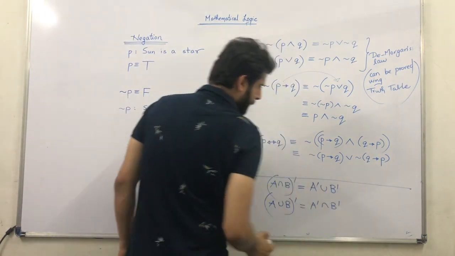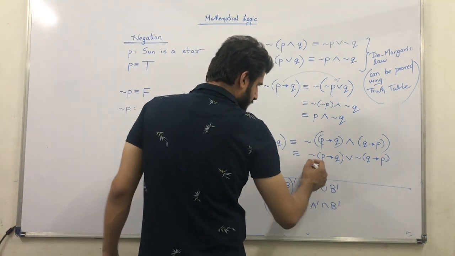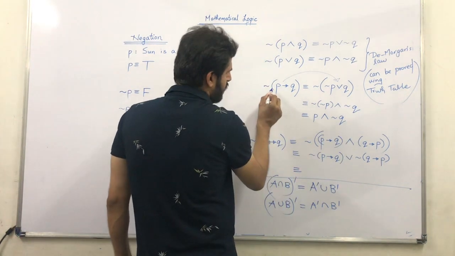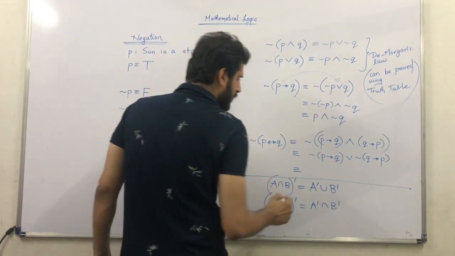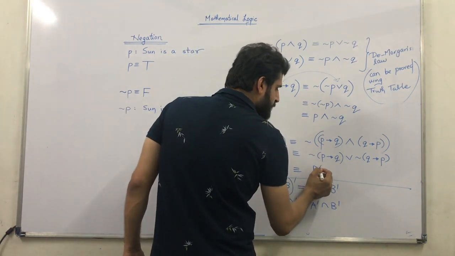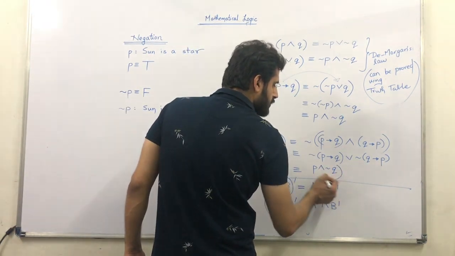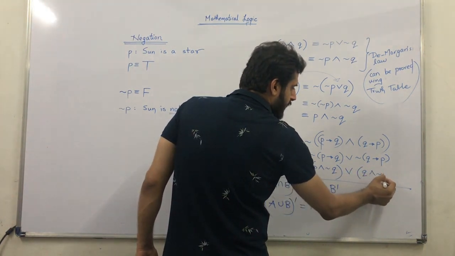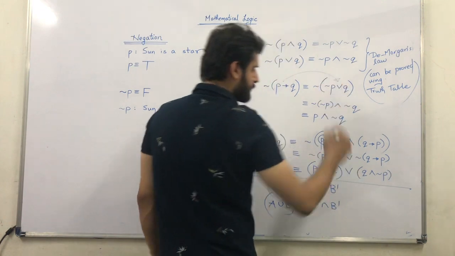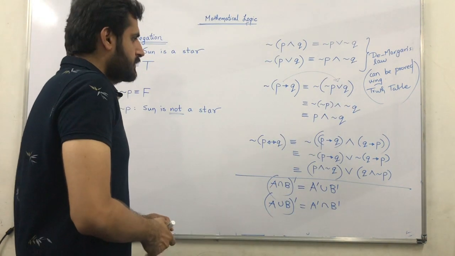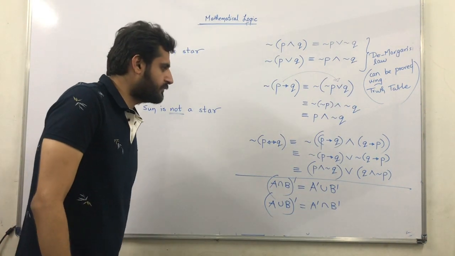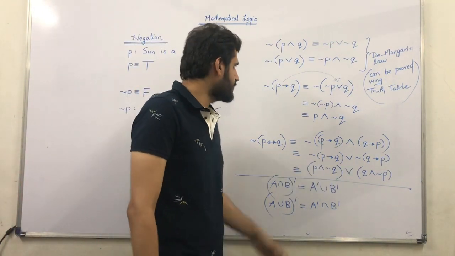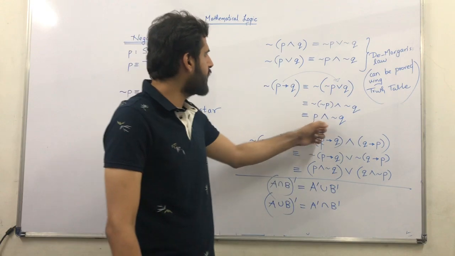And finally, this is De Morgan's law, and then we can use negation of P implies Q, whereas P and negation Q rule, and we can write this as P and negation Q, or we can write this as Q and negation P. Okay, that is negation of double implication, P and negation Q or Q and negation P. This is negation of implication, it is P and negation Q.